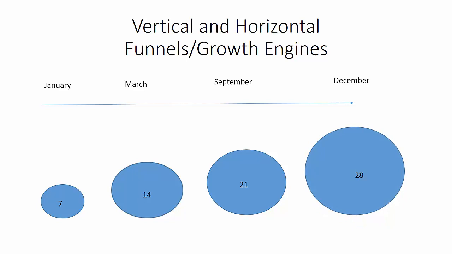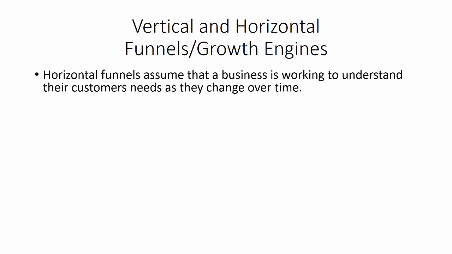What you are doing in a horizontal funnel is you are giving your customer the opportunity to look forward to a new purchase, to look forward to something where they're going to get more value than they experienced from their previous or initial purchase. Now, horizontal funnels assume that a business is working to understand their customers and their needs over time.